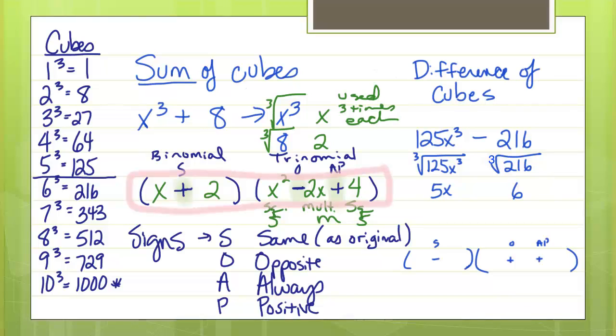And then we're going to use each of these guys 3 times. We're going to use the 5x here, and we're going to use it here, but we're going to square it. And we're going to also use it here. So we use that 5x 3 times.